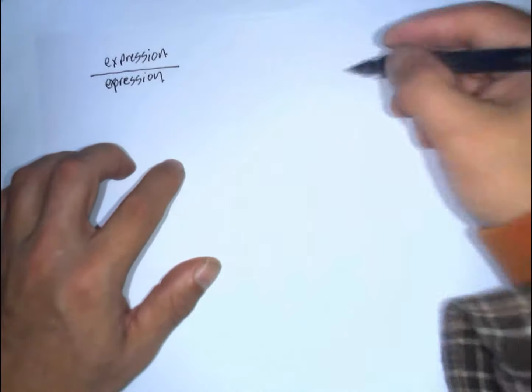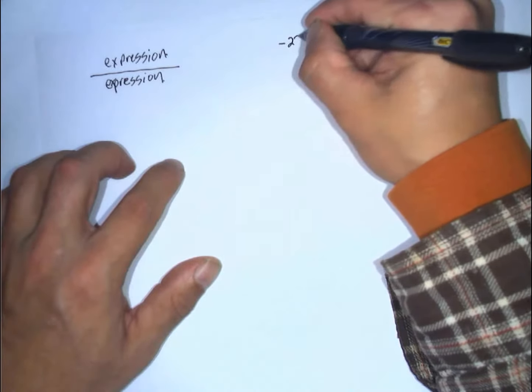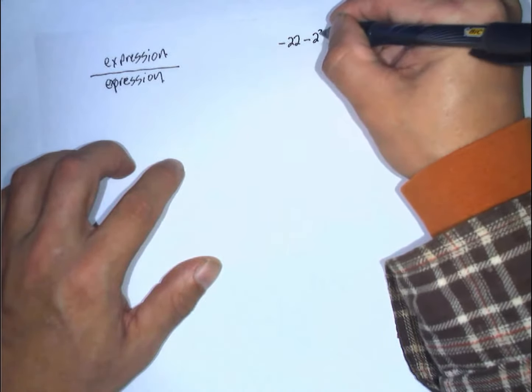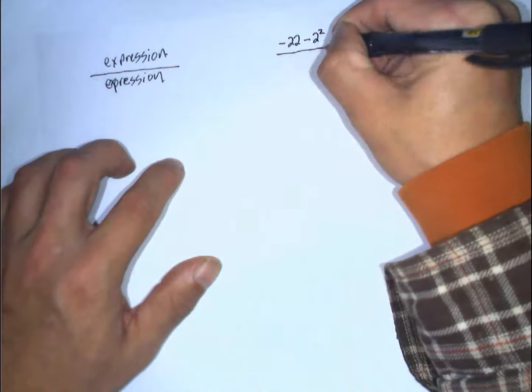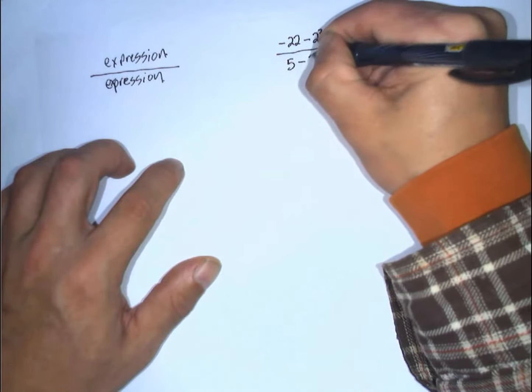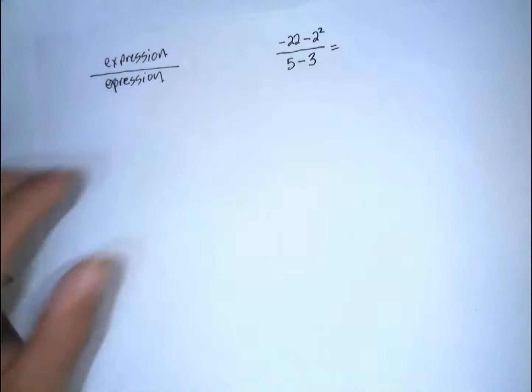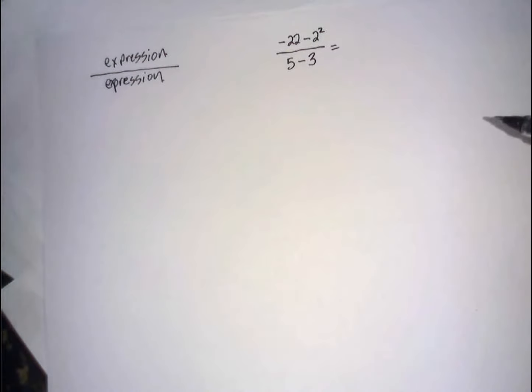So here's our example. We're going to do negative 22 minus 2 squared divided by 5 minus 3. Okay. And I have a colleague that used to call this bar over bar.